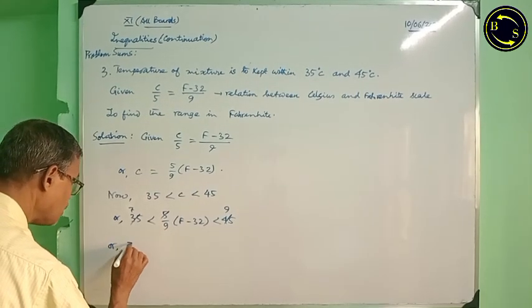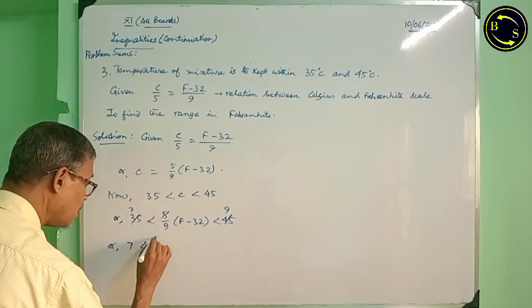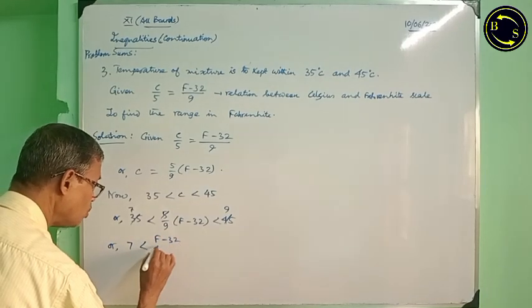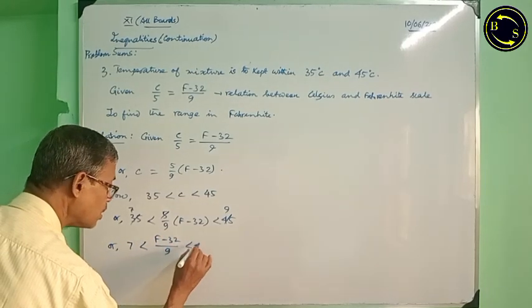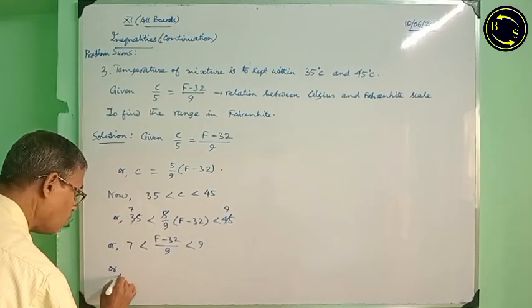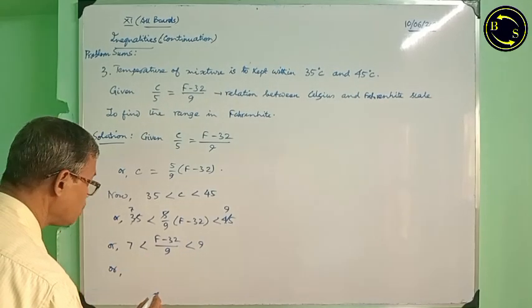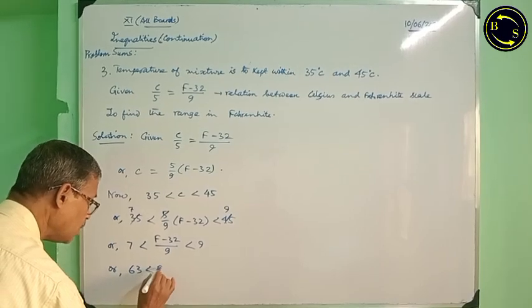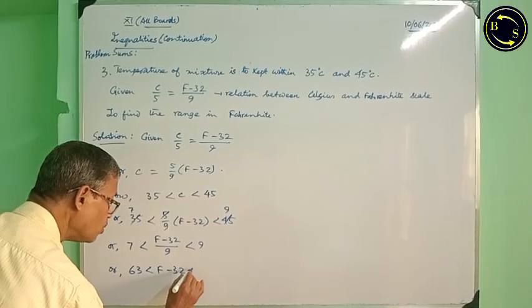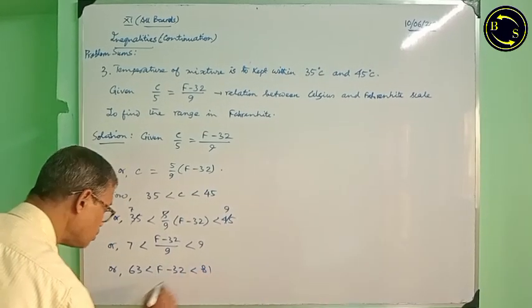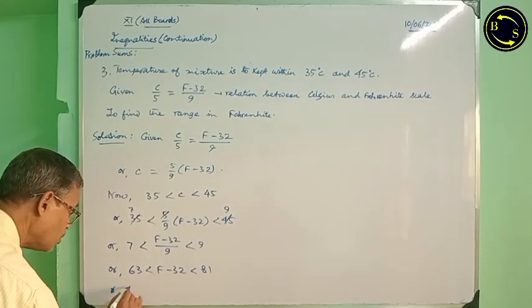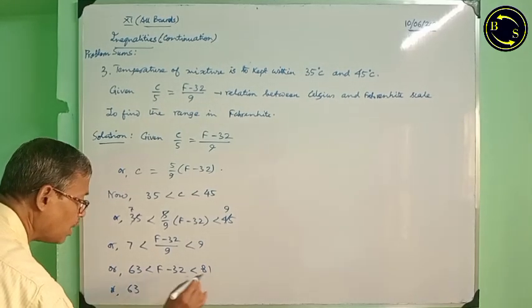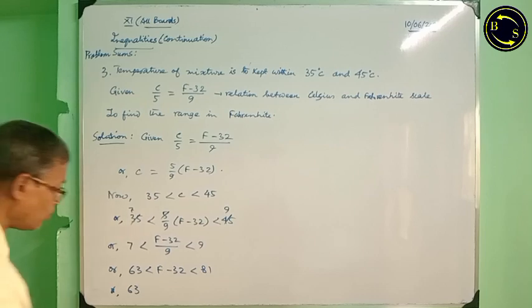Then 7 less than F minus 32 by 9 less than 9. Now multiply each by 9. 63 less than F minus 32 less than 81. Add 32 to each.